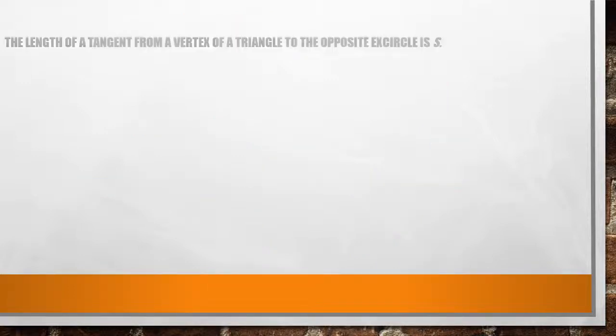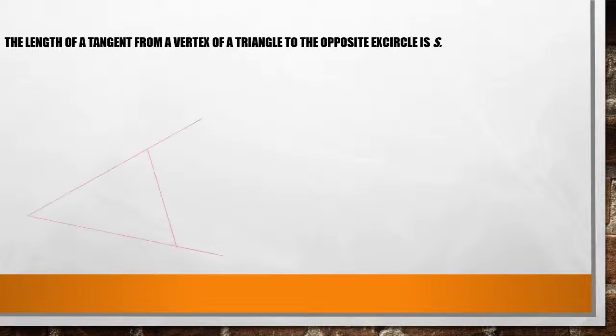We can prove this theorem. The length of a tangent from a vertex of a triangle to the opposite X-circle is S, the semiperimeter. How can we prove this? Let's set up a triangle with a couple of extended sides. We'll call it X, Y, Z, just to change things up a bit.